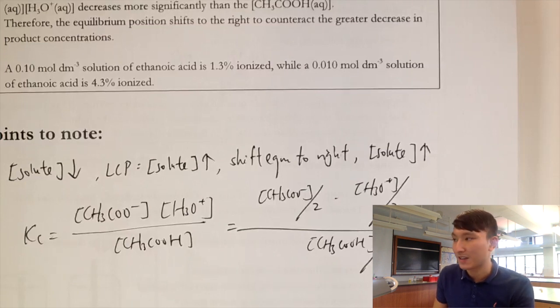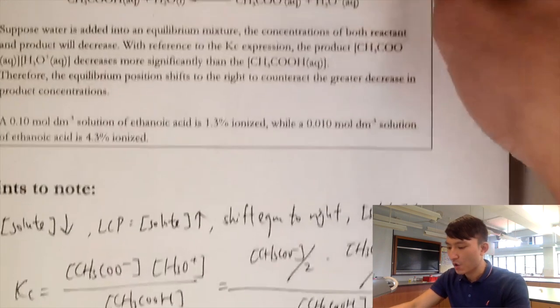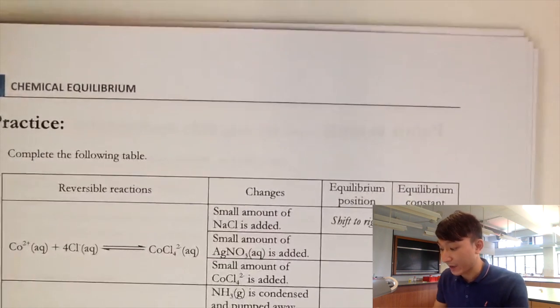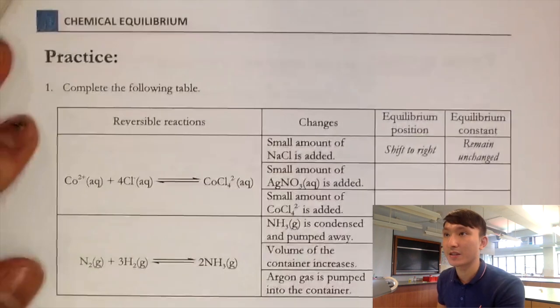So even in the exam, what they expect you to do is to qualitatively predict. It does not really ask you to explain using Le Chatelier's principle, because it is not an explanation. Now, we are finished talking about concentration. Let's move on. We have a practice question here, so let's have a look.